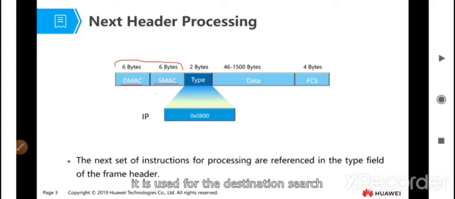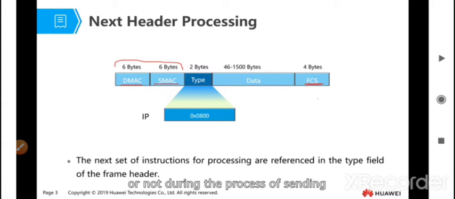It is used to identify the source and destination in the local area network, the LAN. The last field is the FCS, the frame checksum, to check whether the frame was damaged during sending from the source to the destination.